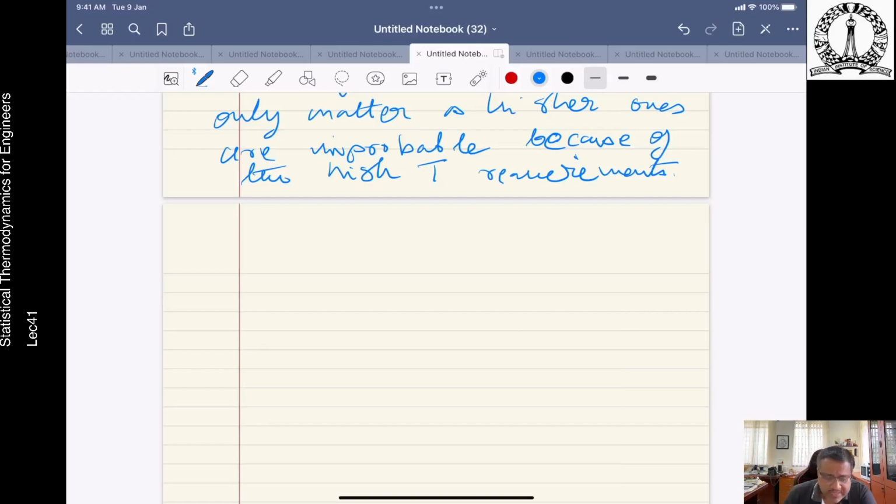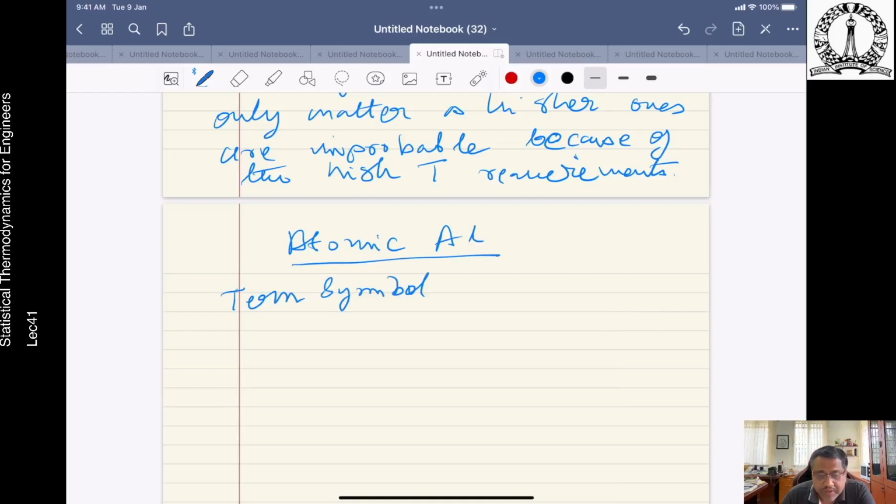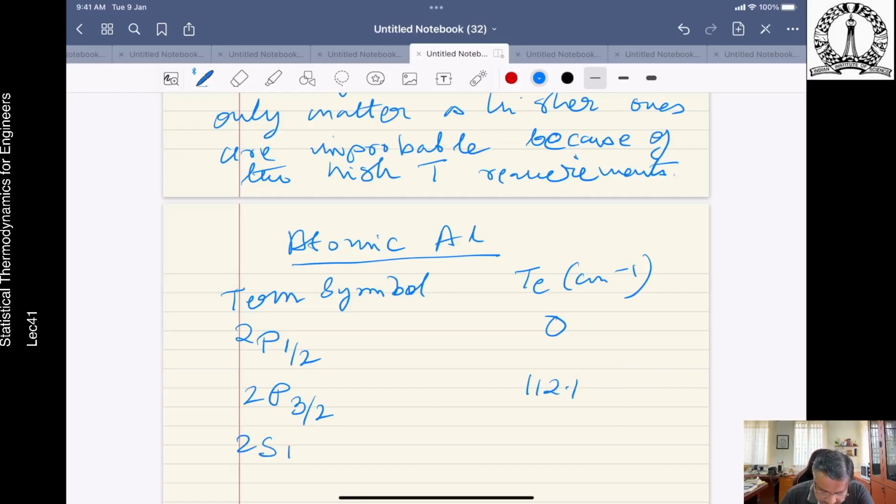So if we look at atomic aluminum, let's look at the term symbol here, and this is the energy in centimeter inverse. 2P 1/2 is 0, 2P 3/2 is about 112.1, and 2S 1/2 is about 25,347.8.